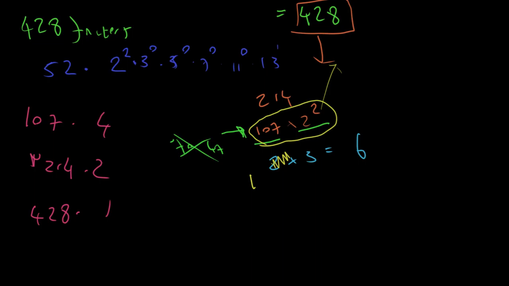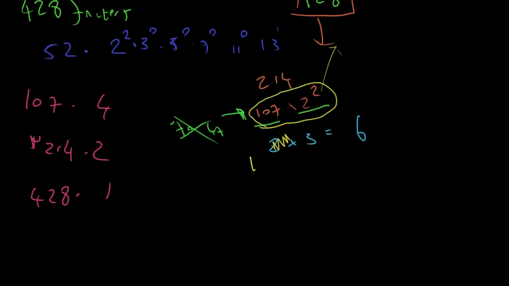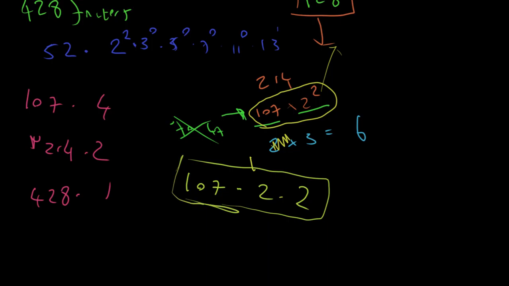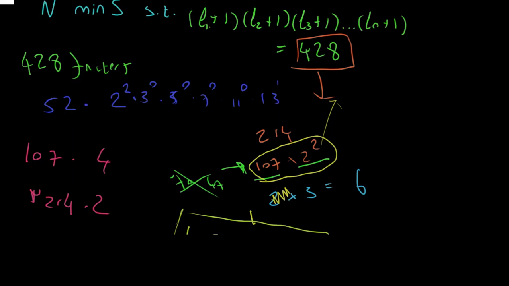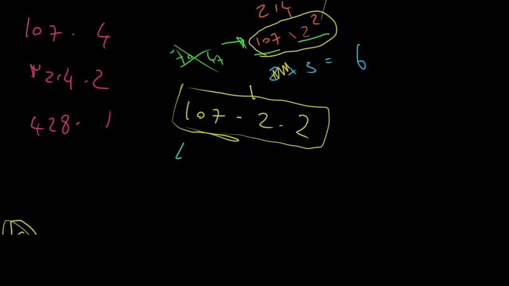So how do I make that the smallest possible? Well, by some rhetorical argument, I guess 107 is going to be the smallest possible. Can you argue that? Because you can't have 214, since do you realize how much bigger that is? Think of it this way: if we choose our L1, L2, and L3 so that this is L1, this is L2 plus 1, this is L3 plus 1, what would this number work out as?